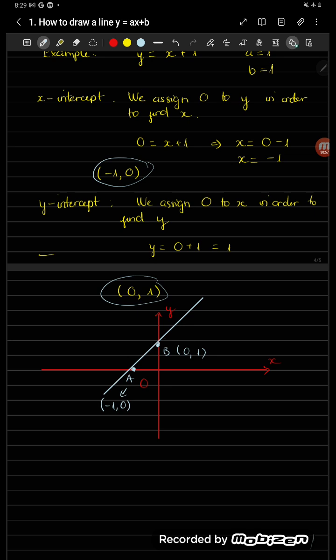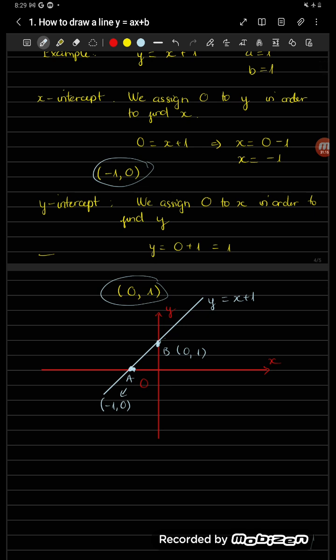My drawing is not good, so I just move a little bit here. Okay, so here is the line y equal to x plus 1.